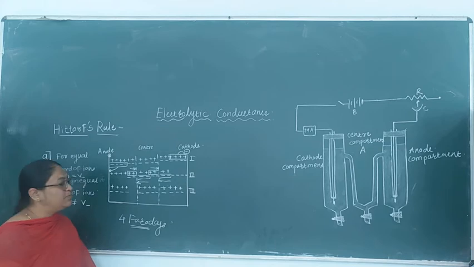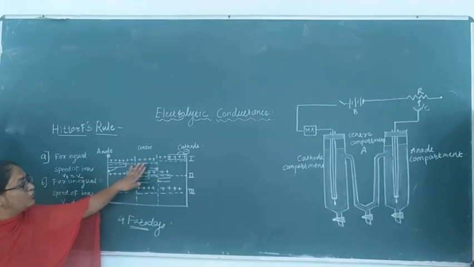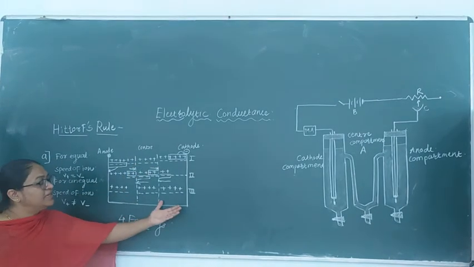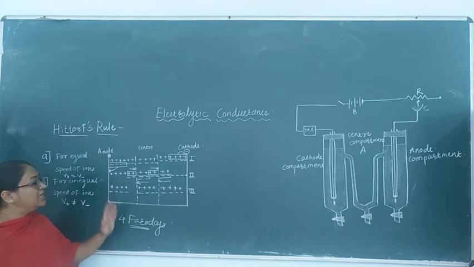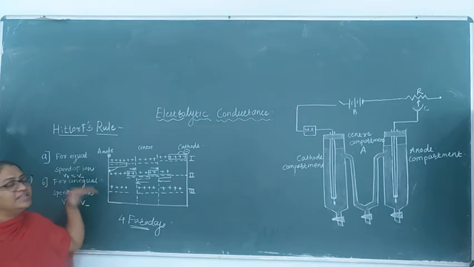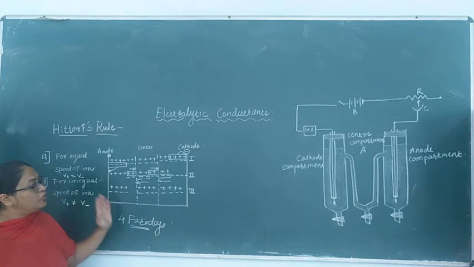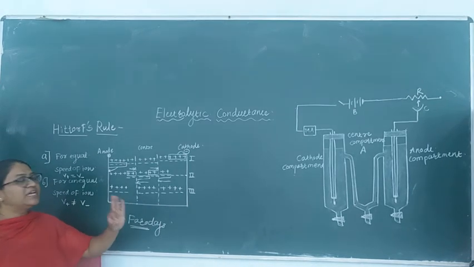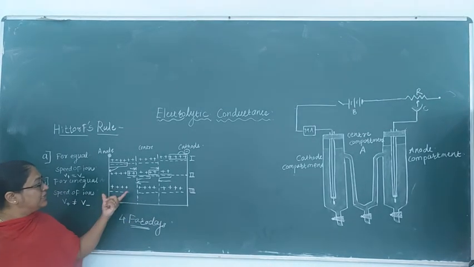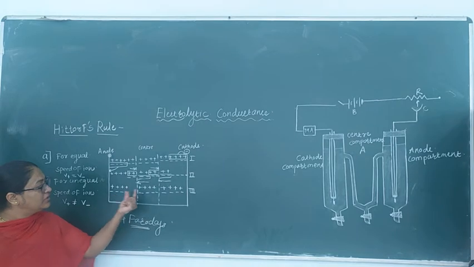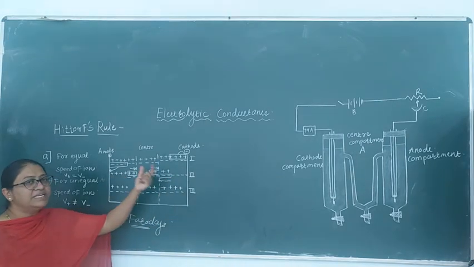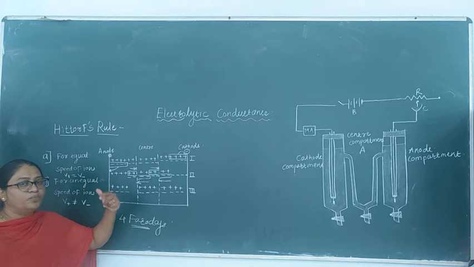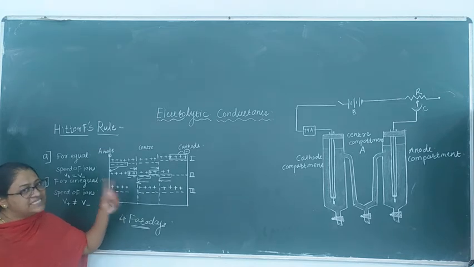See, again I will explain. What we have done? We have taken an electrolytic cell. In that electrolytic cell, we have considered the same number of positive and negative charges. Then we divide the cell into 3 compartments with these 2 plates. The 3 compartments are anode, center and cathode. In the anode and the cathode compartment, the same negative and positive charges are there, that is 6 each.